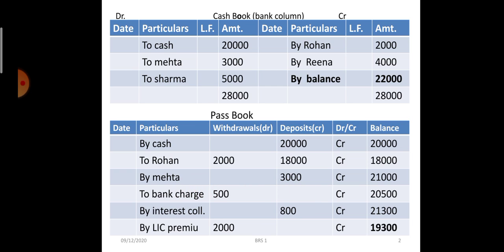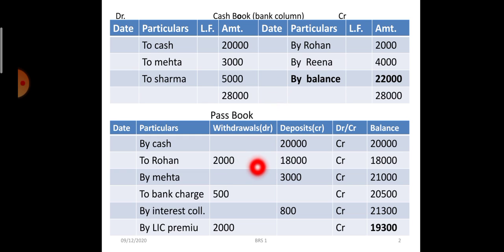Interest collected 800 rupees is recorded in passbook but it is nowhere mentioned in the cash book. That will also lead to the difference in cash book and passbook balance. Similarly, see bank charges. It is recorded in passbook but it is not recorded anywhere in cash book. And the last one, insurance premium paid by the bank, recorded in passbook but not recorded in cash book.